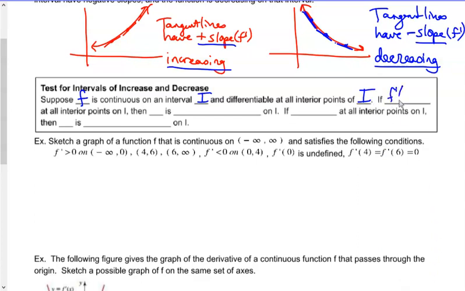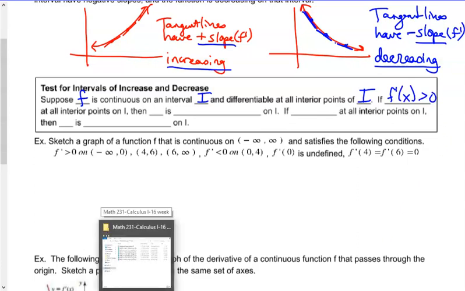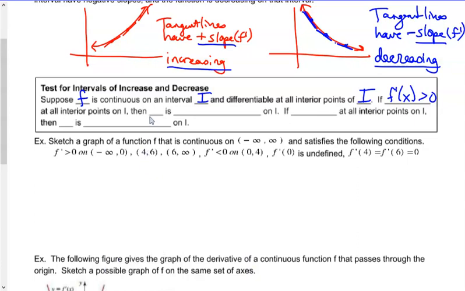If f prime of x is greater than 0, if the derivative at any x value is greater than 0, which is positive, at all interior points in I, then f is increasing on I, and if f prime of x is less than 0, aka negative, then f is decreasing on I.